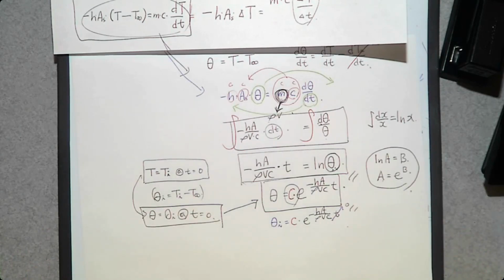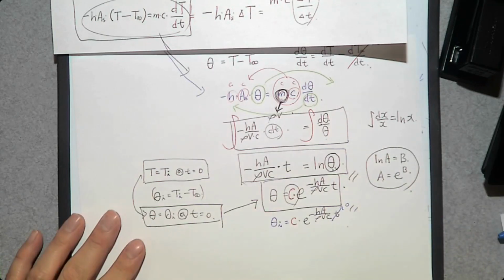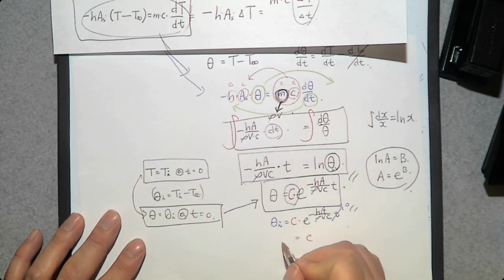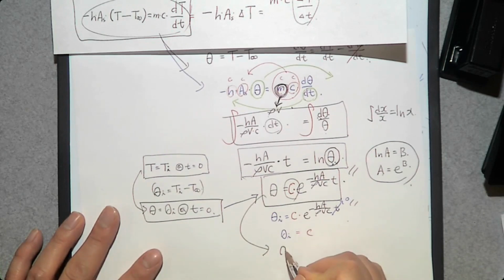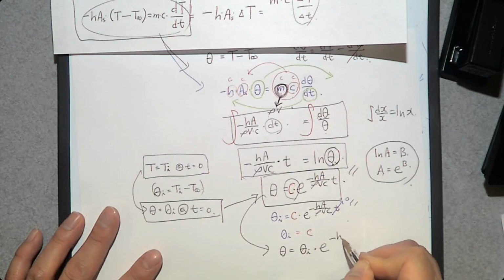Then what is e to the 0? 1. So this unknown C is going to be theta I. Let me rewrite this equation. Theta is going to be theta I times e to the minus hA over rho VC T.